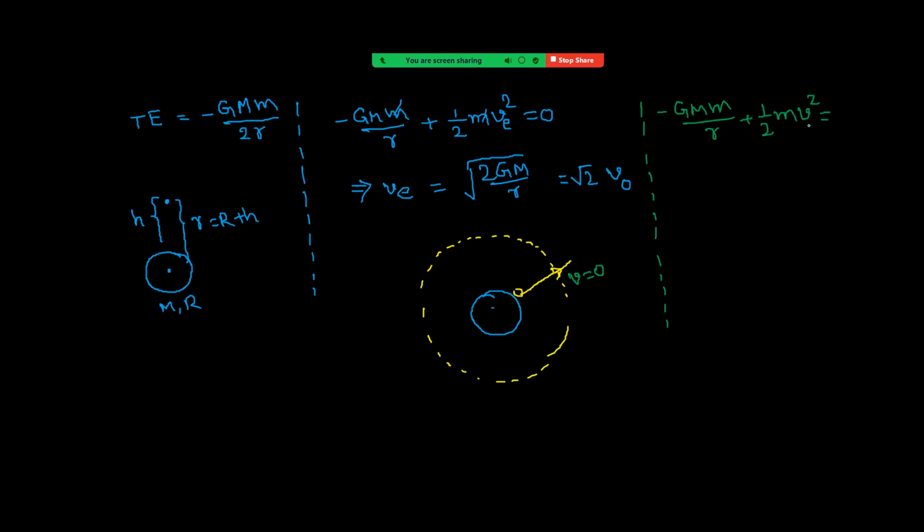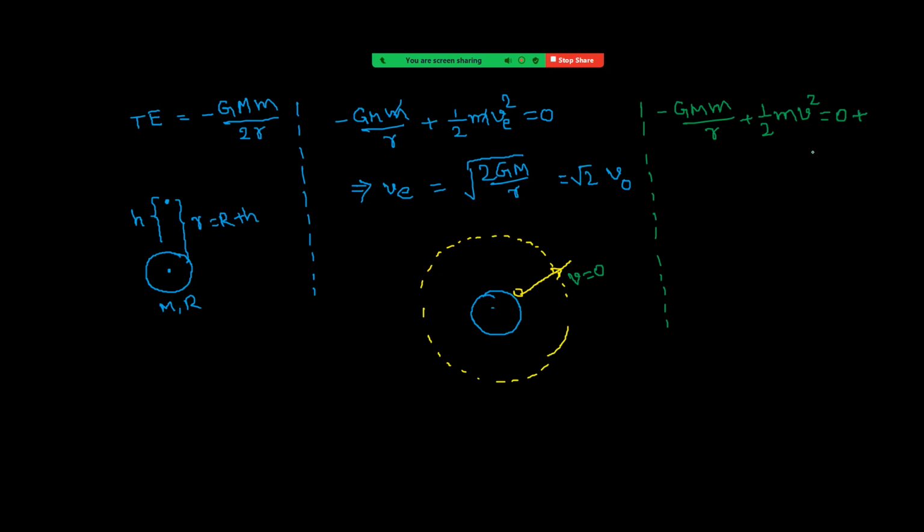How much? It is greater than 0, right? So what is the extra kinetic energy that we have given? That is what we have to focus on. So just after crossing the boundary, no potential energy.